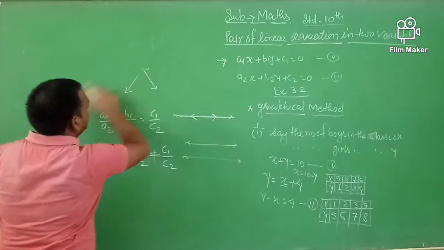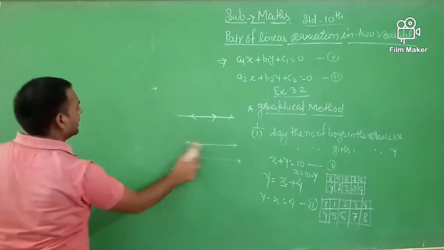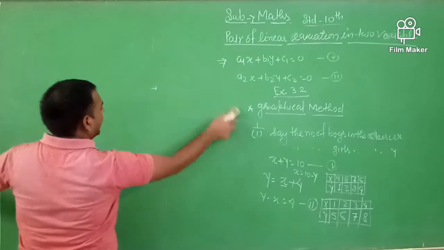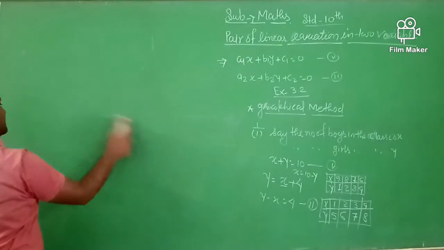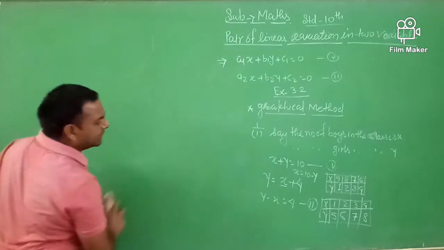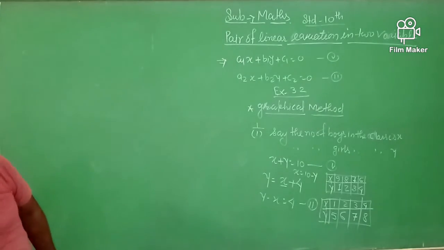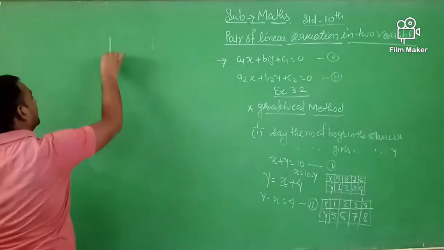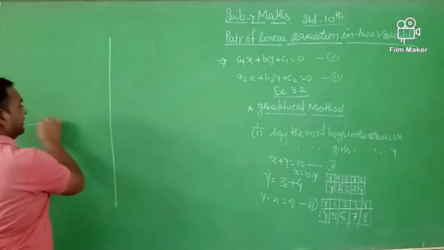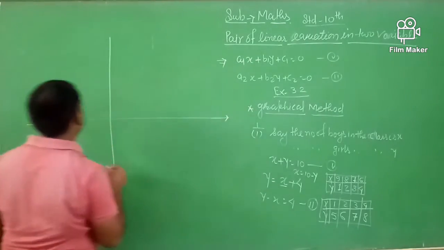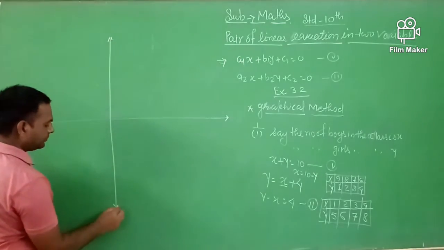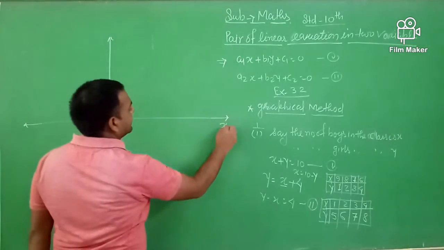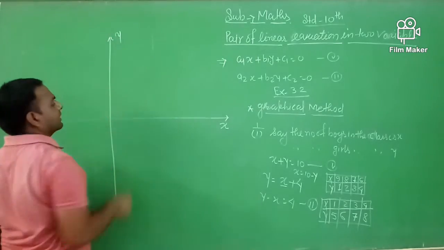After the solution of each equation, we can use the graphical method. So I use the graphical method for the solution of these equations. I draw the Cartesian x-axis and y-axis. First is the x-axis and this is the y-axis.